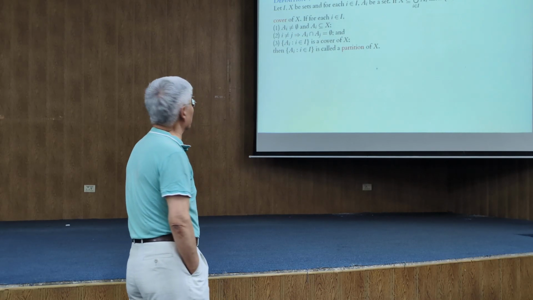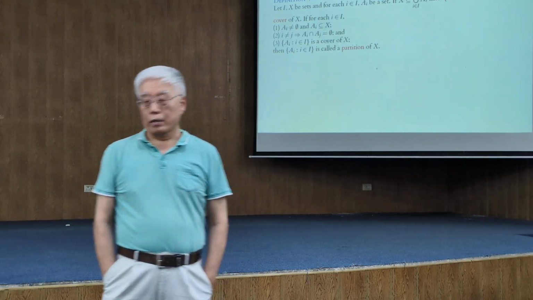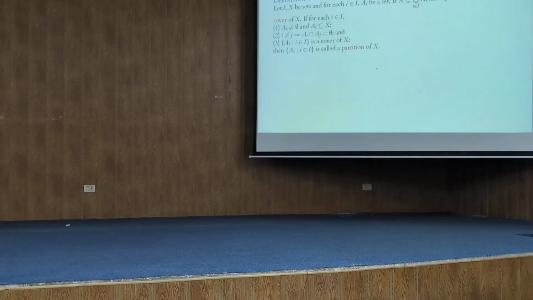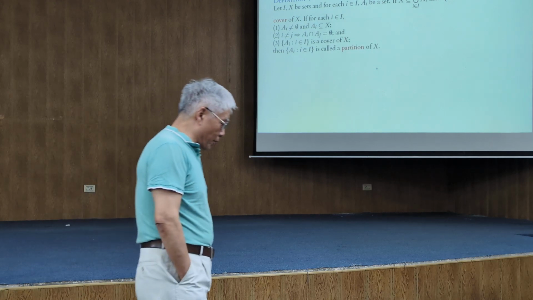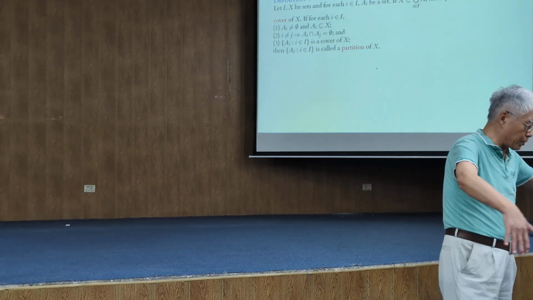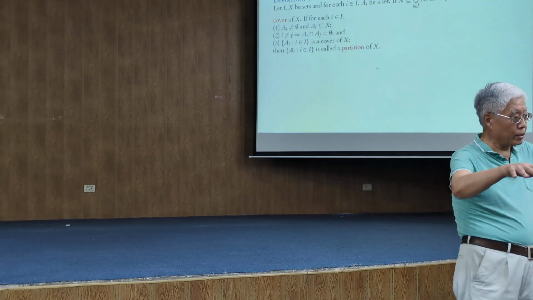Now here is a definition which is from discrete mathematics. We want to talk about covers, decompositions and partitions. So what is a cover? A cover is a set of subsets. Let X be the set, and the Ai are all subsets.